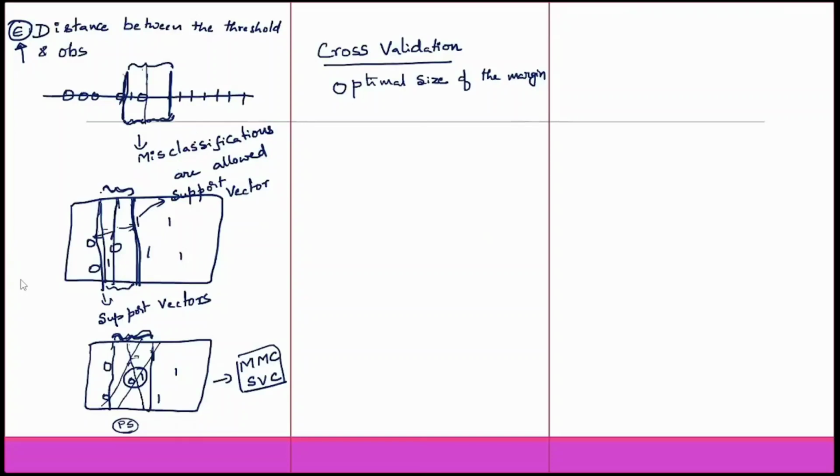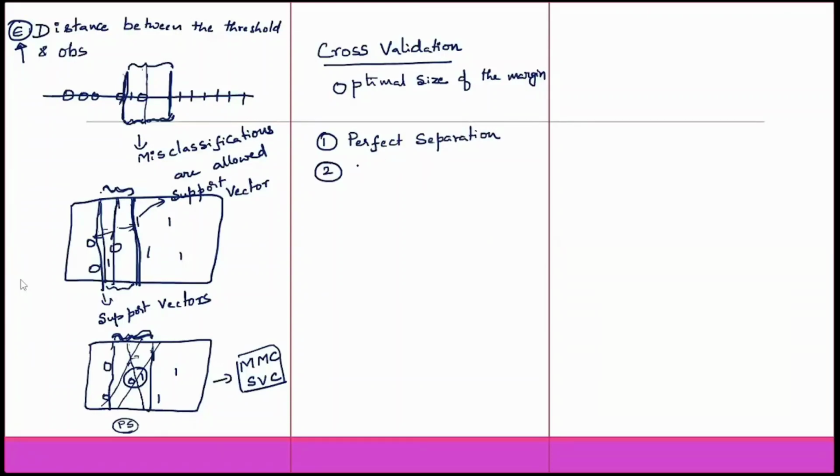Okay. So in these two scenarios, what are we saying? The first scenario is perfect separation, in which case we are talking of maximum margin based classification.